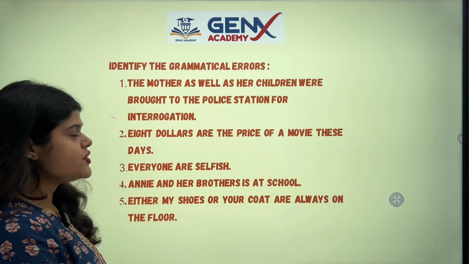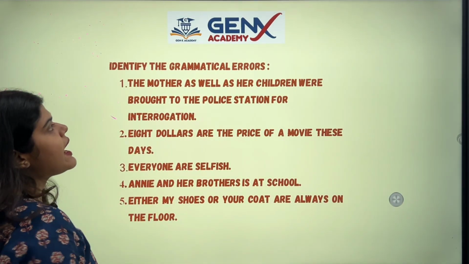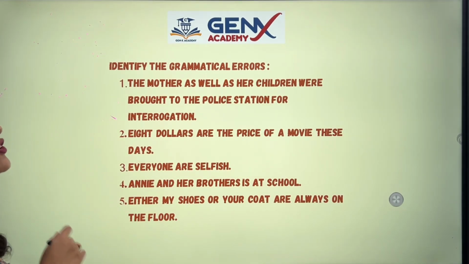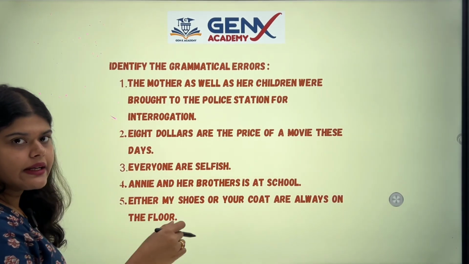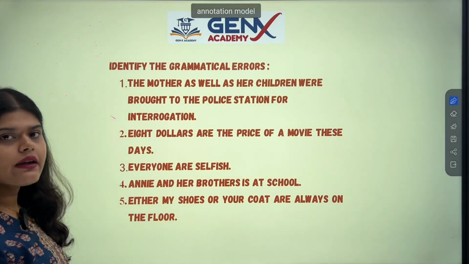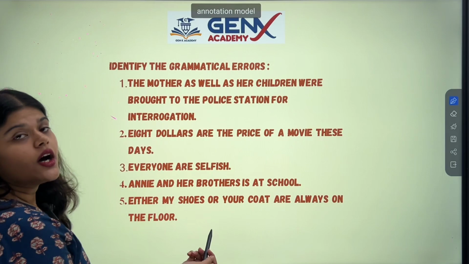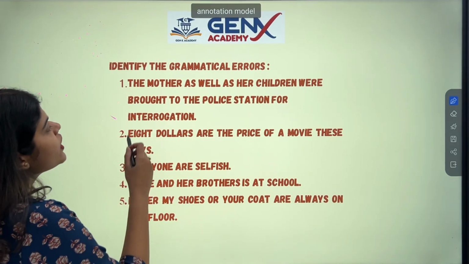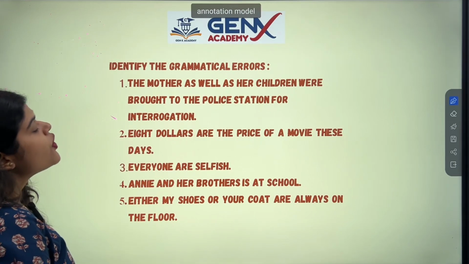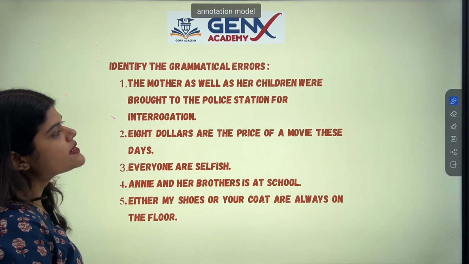These are certain questions for you all, which say identify the grammatical errors. So this is the set of subject verb agreement sentences wherein we have to find out the errors regarding the verb or the subject. The first one says the mother as well as her children were brought to the police station.